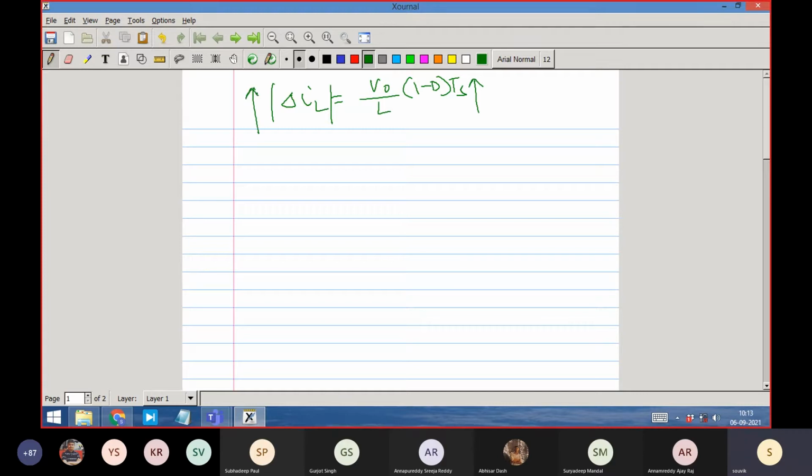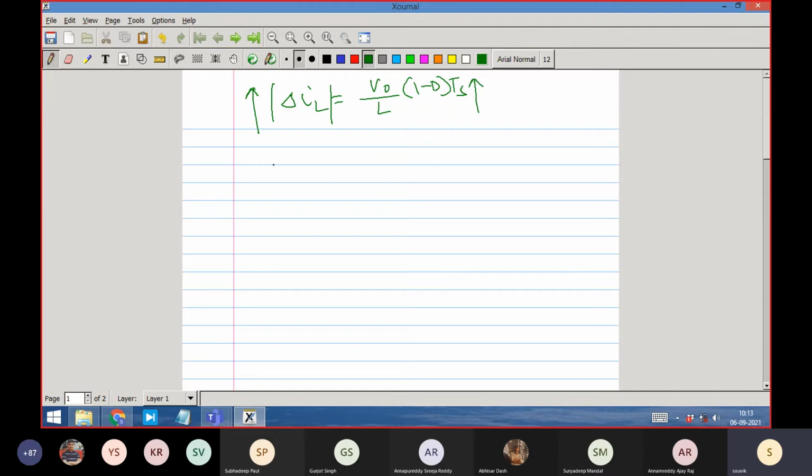In order to have a small ripple, it is preferable that we go for a high frequency. That is why the requirement of high frequency is coming. Or indirectly, if I want a certain amount of ripple for a given inductor, I would like to manage that by adjusting the switching frequency.